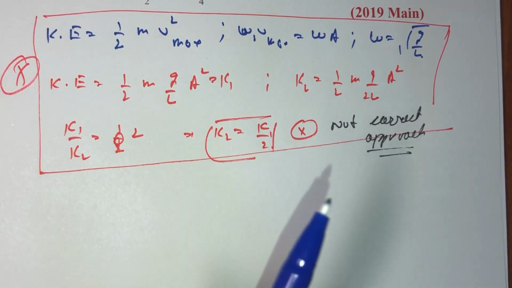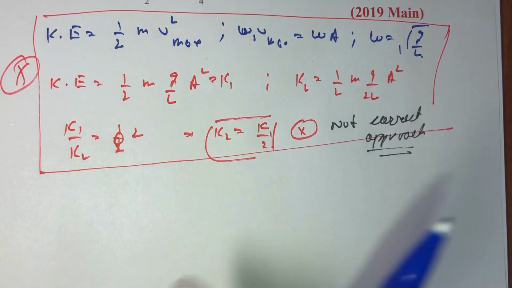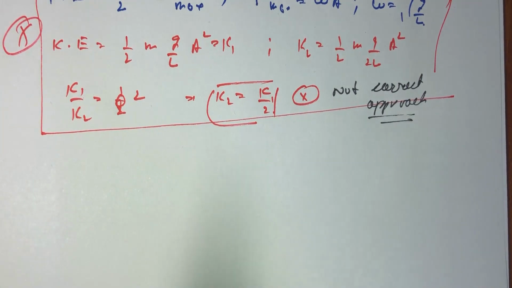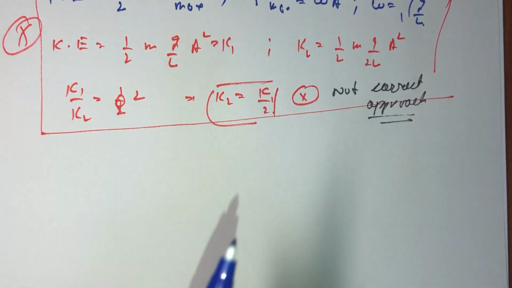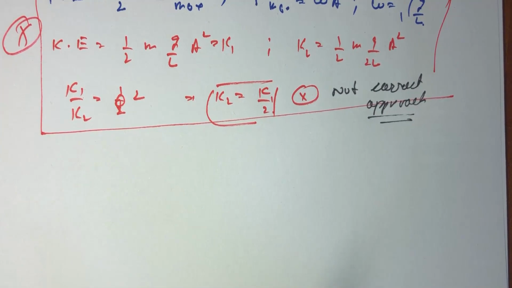So the principle of conservation can be used such that the potential energy at the extreme should be equal to the kinetic energy at the mean position. That's the basic premise of the conservation of energy.